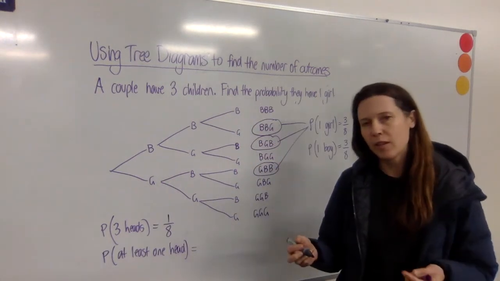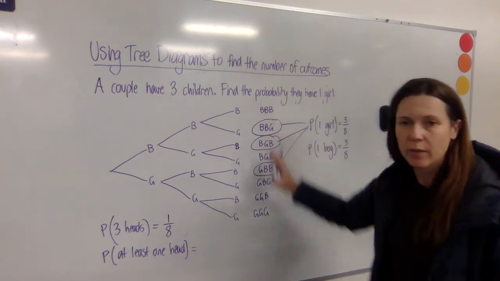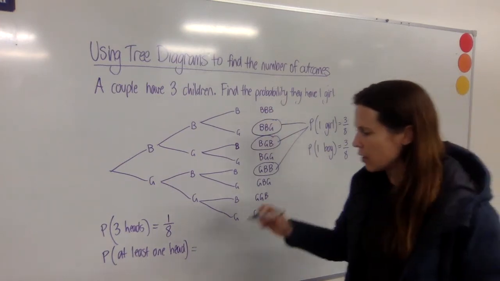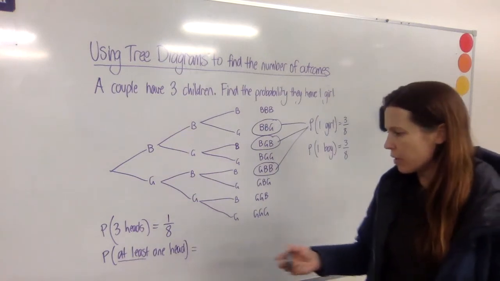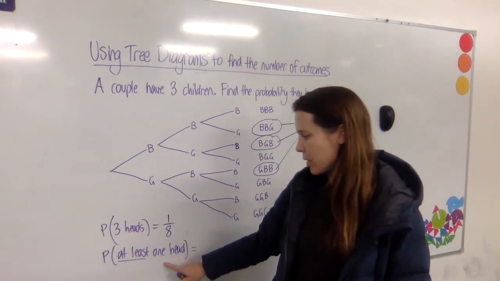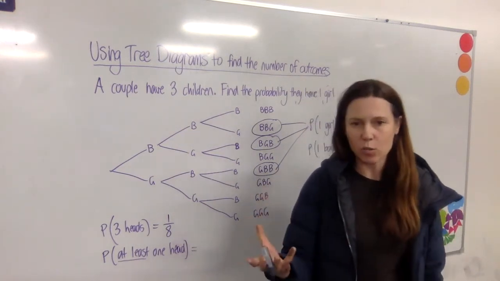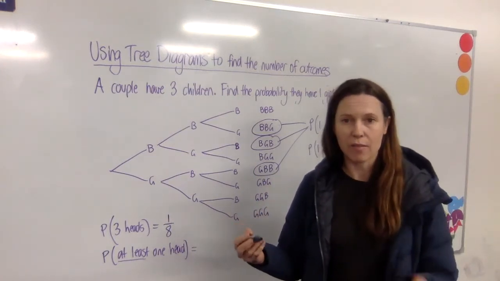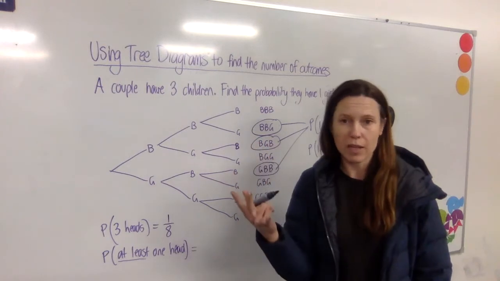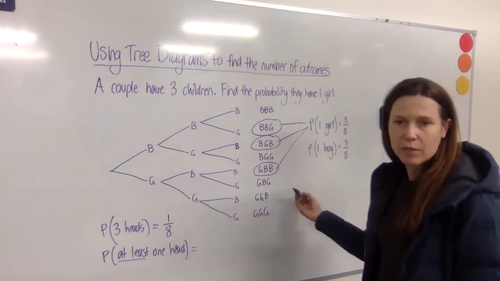We can also use our knowledge of complementary events when we're dealing with tree diagrams like this. If we see that word "at least," then we know that we could use a complement. So if we're tossing 3 coins, the chances of getting at least 1 head would involve adding up all of the options that have 1 head, 2 heads, or 3 heads, and there'd be 7 of them to add up.